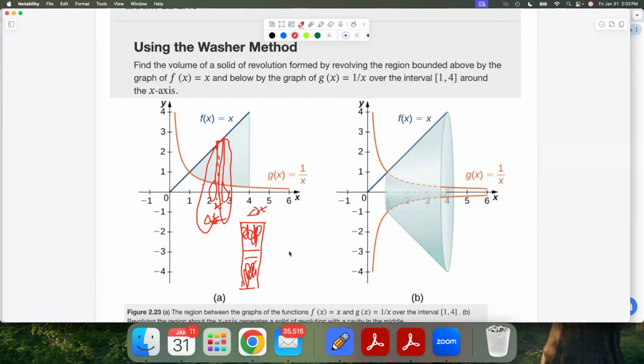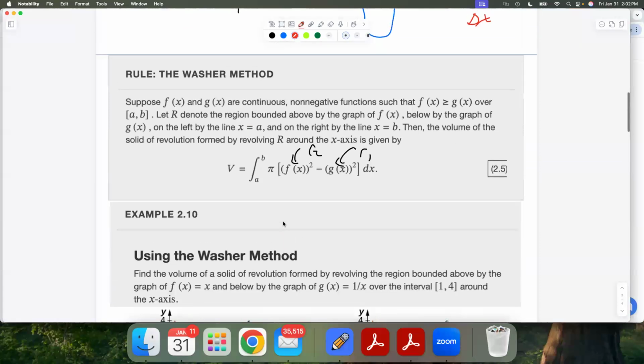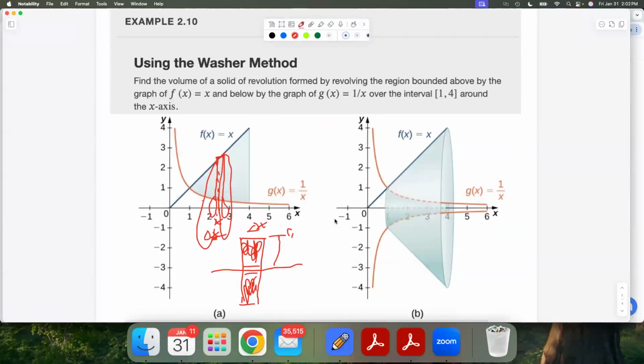And then I need the two radii. So here's the x-axis coming right through the middle. This top, what we might call R1. I want to be consistent. How did I say it up here? I called it R2. The top, that's just f. That's x.